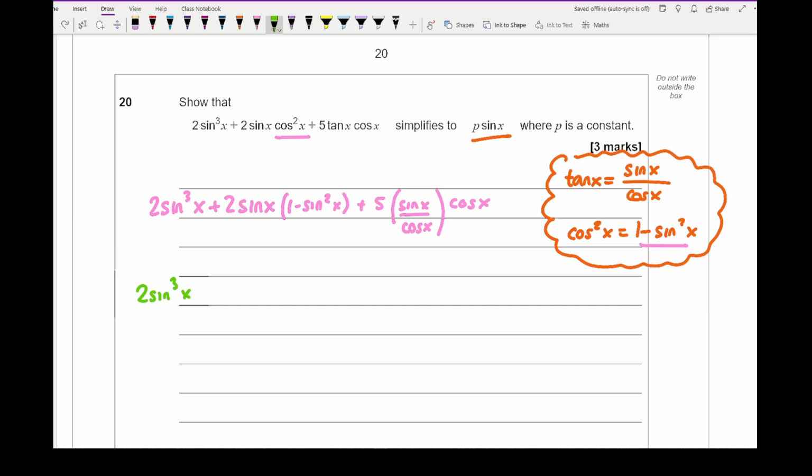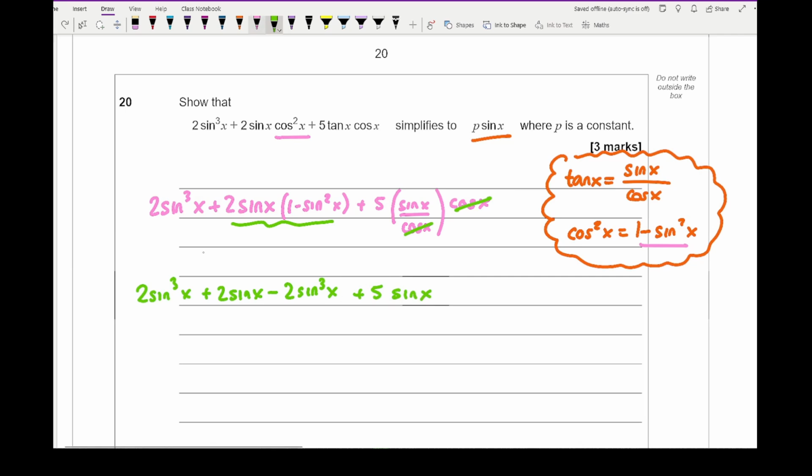Now multiplying out this, I end up with 2 sine x minus 2 sine cubed x, and then the cos x's cancel out, so that's just going to be plus 5 sine x.